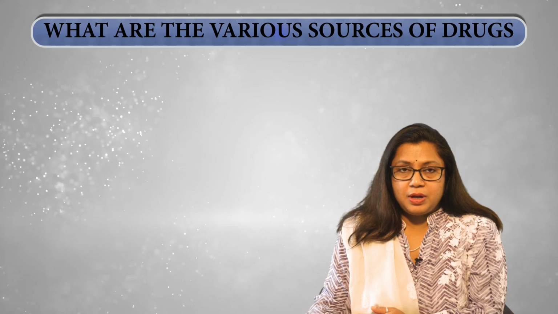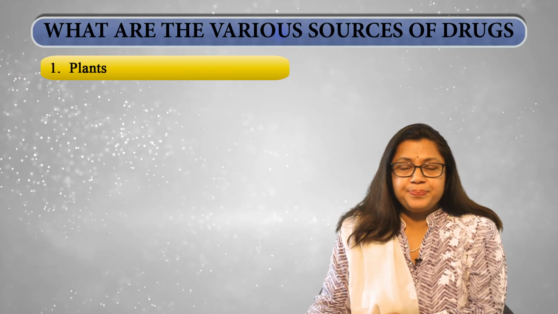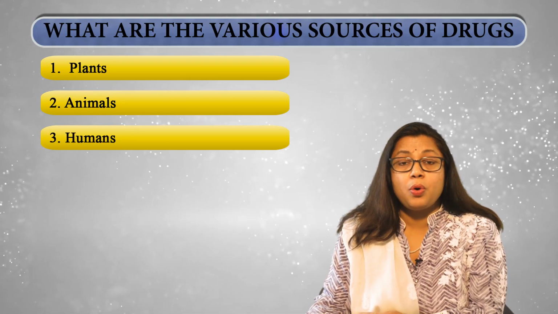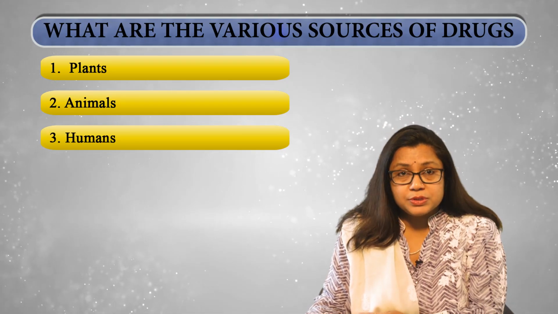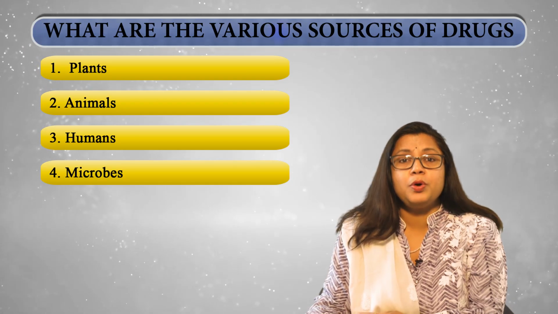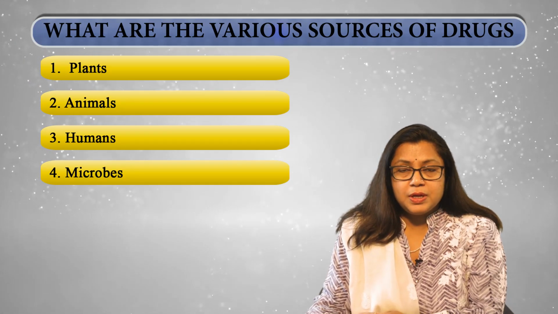Now, let us see the various sources of drugs. The sources from where drugs are obtained are plants, animals, humans. Yes, drugs are also obtained from humans. Microbes. Yes, drugs are also obtained from microbes.